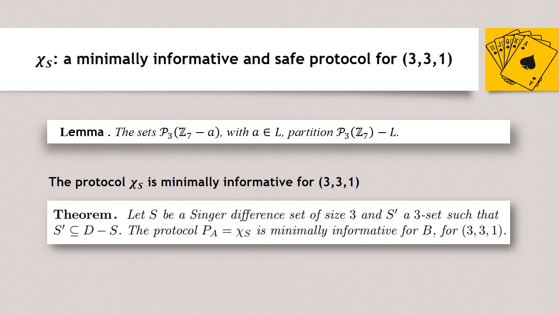As a preliminary result, we proved the lemma that is shown in the slides, and then we got one of our main results, stating that the protocol CS resulting from the previously described construction is a minimal informative announcement protocol for Alice in the classic Russian cards problem.